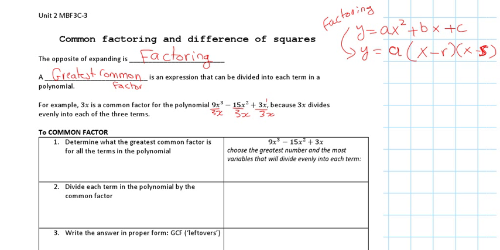First you look at your numbers and see what number can divide into each term. And you're going to look at the letter and see what common letter you have. We say that the 3x is our common factor. So here's what we do to factor it out.